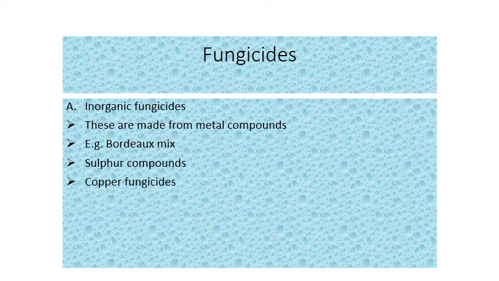Copper fungicides have a stronger effect on germinating spores than on the growth and development of the mycelium of fungi. The fungicidal action is due to absorptivity of the cytoplasm of the cell of fungi.